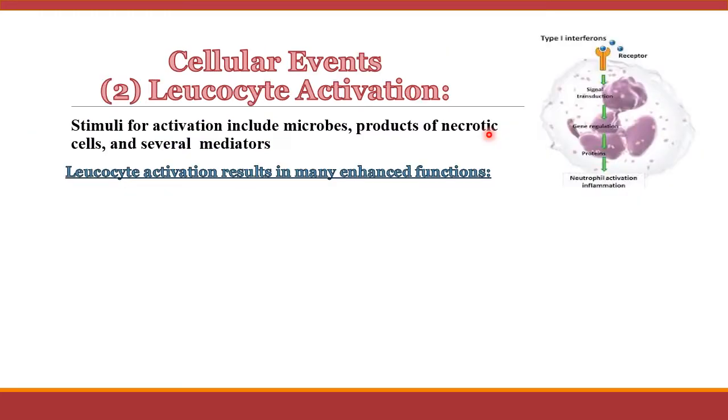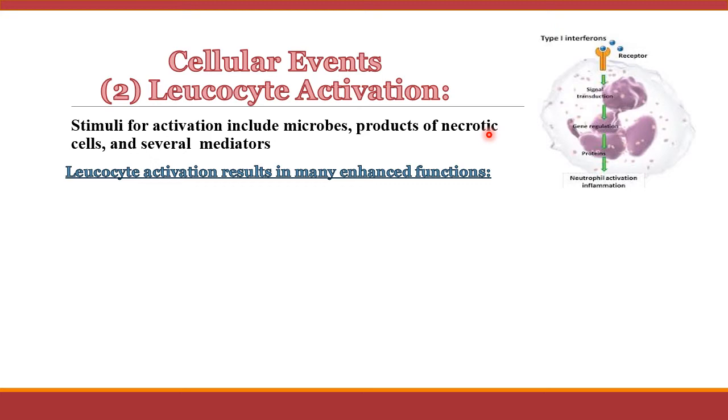The next step after leukocyte recruitment is leukocyte activation. After we recruit the leukocytes, they need to be active in order to perform the needed functions and complete the inflammatory response. So how are they going to be active?